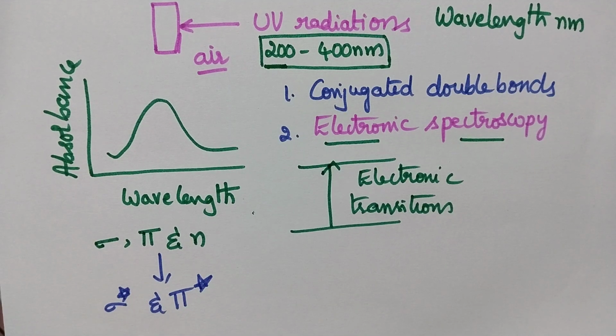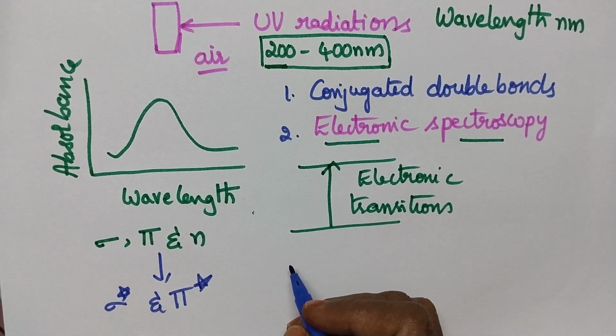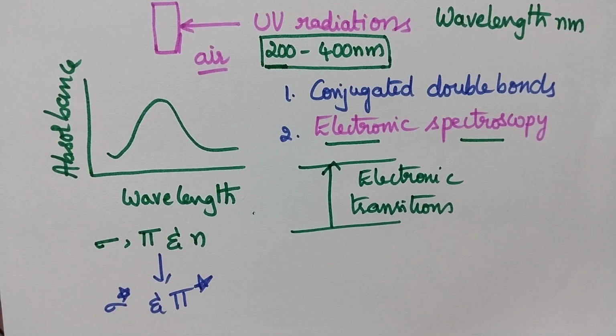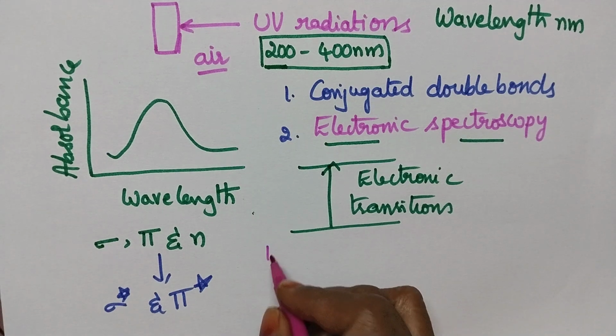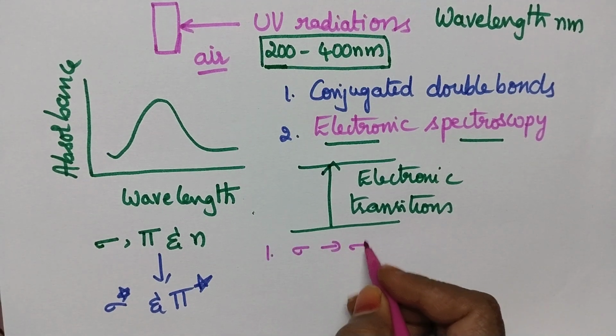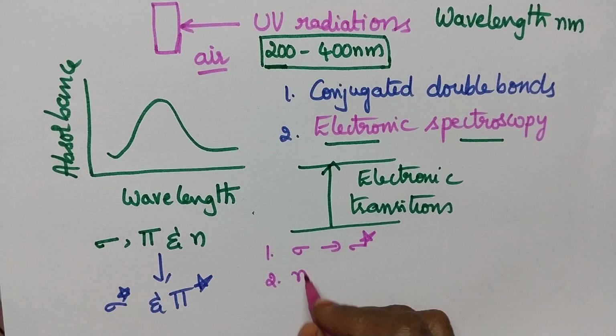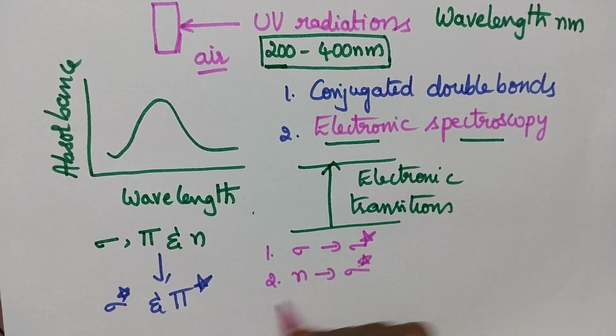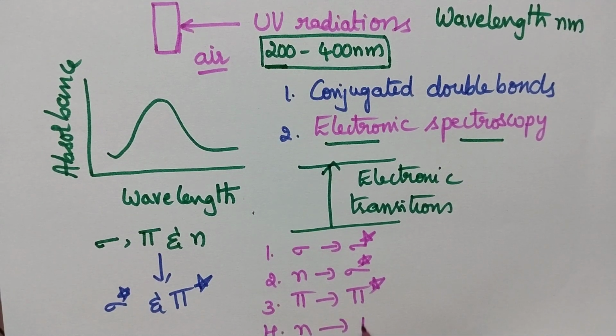So especially there are four types of electronic transitions which are possible in the UV region, which include sigma to sigma star, n to sigma star, pi to pi star and n to pi star.